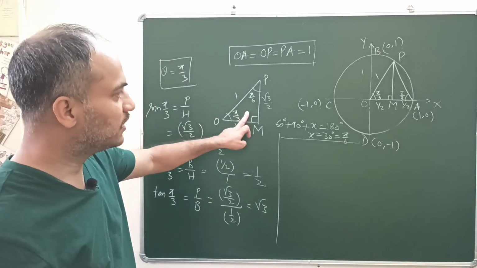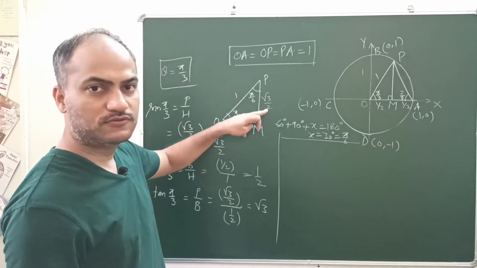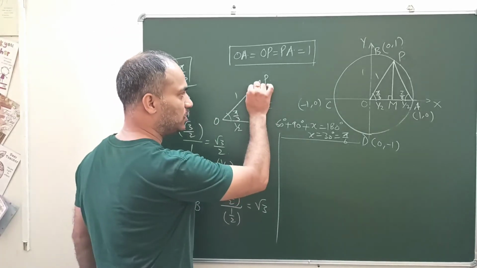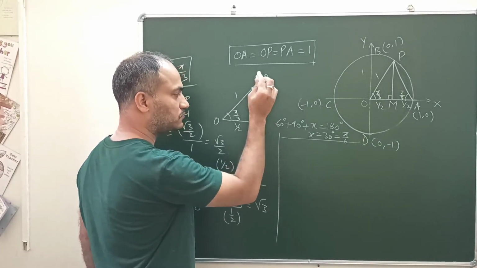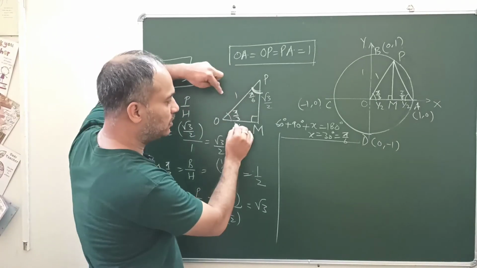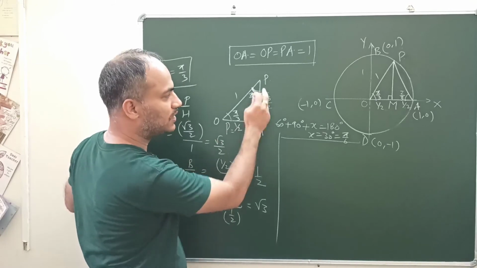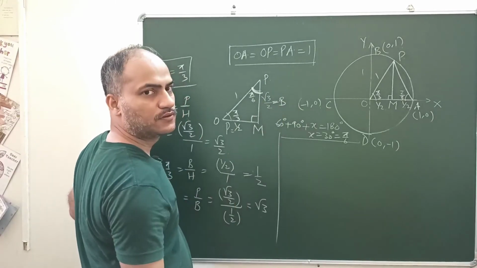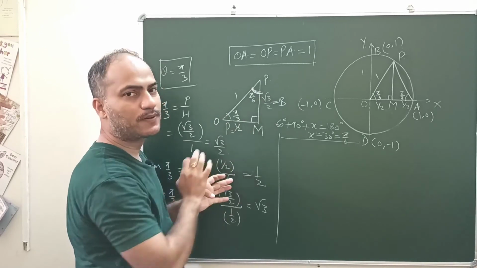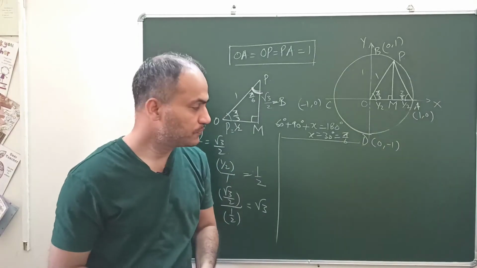Now in the same triangle, we know all the sides and all the angles, but here we require this particular angle only. So what will happen when we take this angle? The perpendicular will be this side and base will be this side. And when we talk about the other angle, this is base and this will be perpendicular. This you know already.